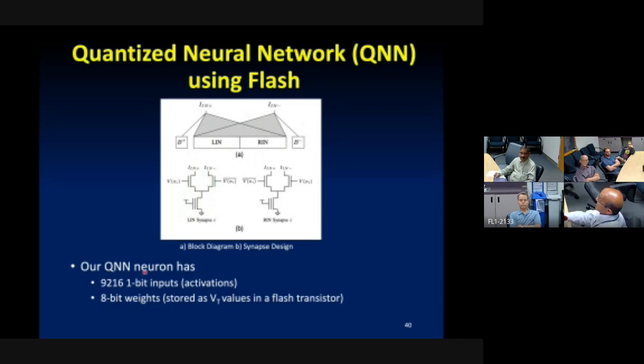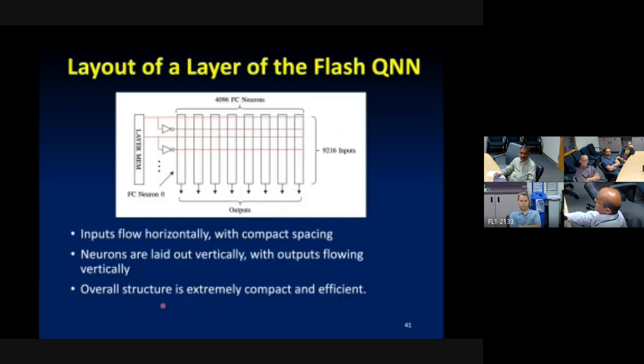We implement this with something like 9,000 activations, and the weights are 8 bits. These are programmed in the flash register. The layout is very compactly done. All the inputs flow in the horizontal direction. You can see these 9,200 inputs just flowing in the X direction, at minimum wiring pitch, so the circuit is really dense.